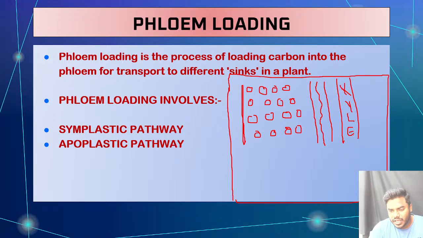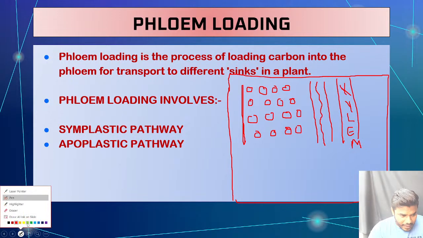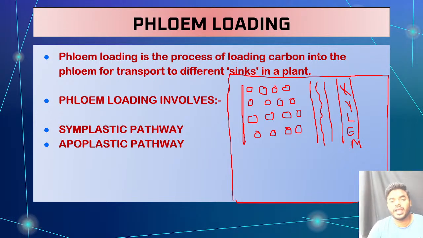Now friends, every student try to understand what the symplastic pathway is. I have told all of you, it is through the plasmodesmata. Listen to me very carefully. You know, plasmodesmata is the cytoplasmic bridge which is connecting the cytoplasm of one cell to the cytoplasm of another cell.